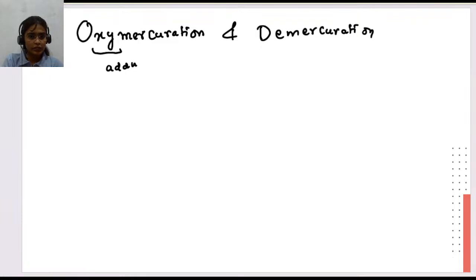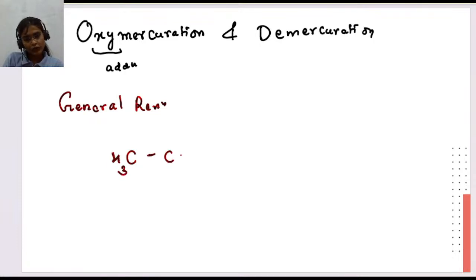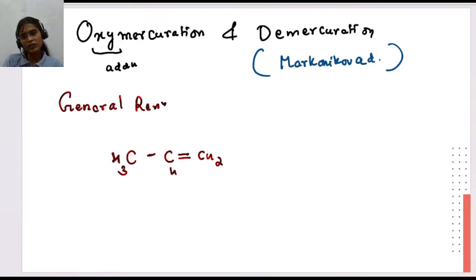Let me write the general reaction, and then we are going to discuss the consequences and why we use this reaction. It's a CH3 alkene. Here we are going to follow Markovnikov addition, so write that in brackets.